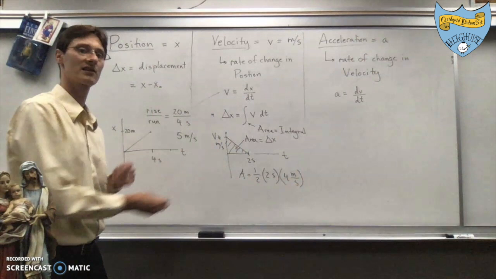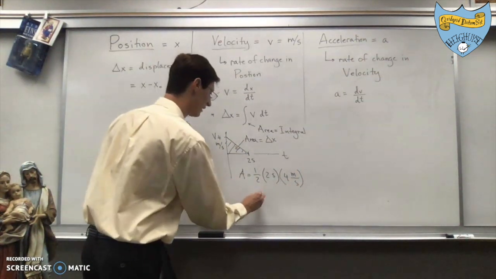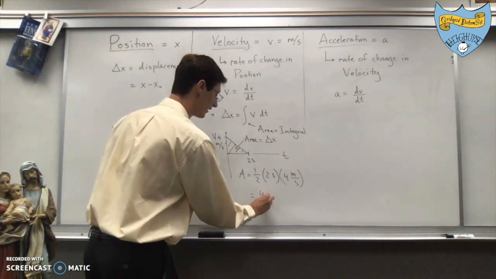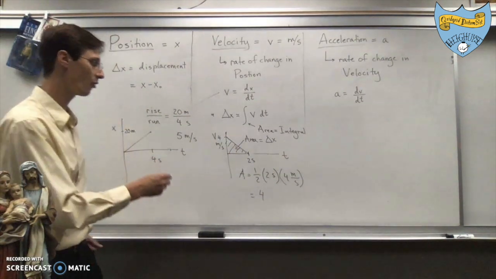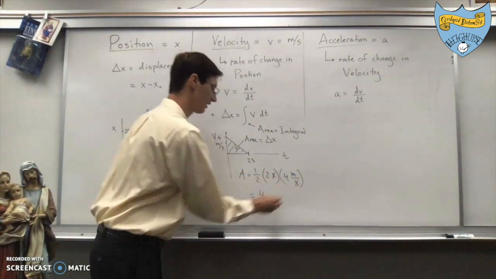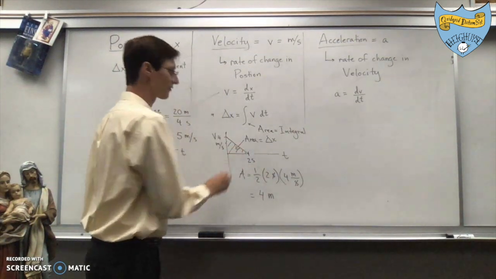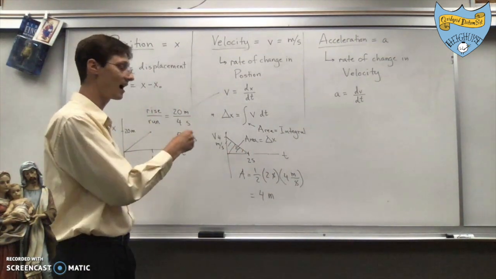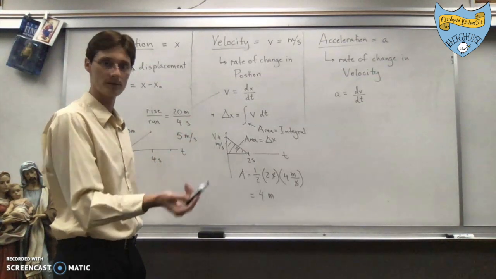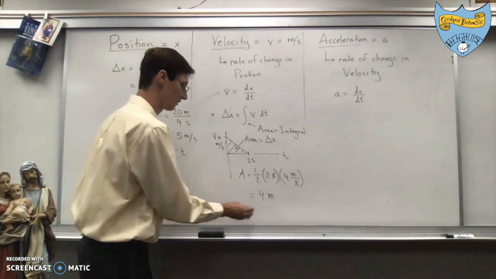When you multiply this all out, what it's going to tell you is that the area is, again, not just a number, it's 4, but 4 seconds cancels, so 4 meters. The area here is 4 meters, and that means that the object has traveled 4 meters in this 2-second interval.